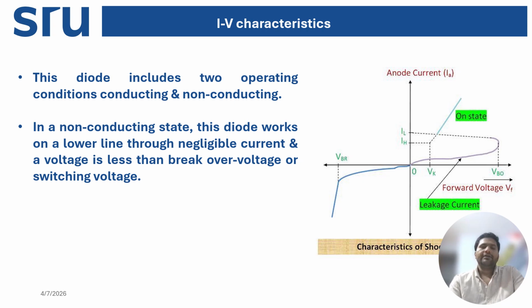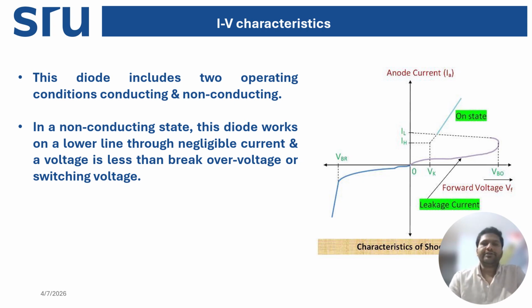So let us now understand the IV curve of the PNPN diode. A PNPN diode is also known as a Shockley diode. There are two operating regions in that curve.